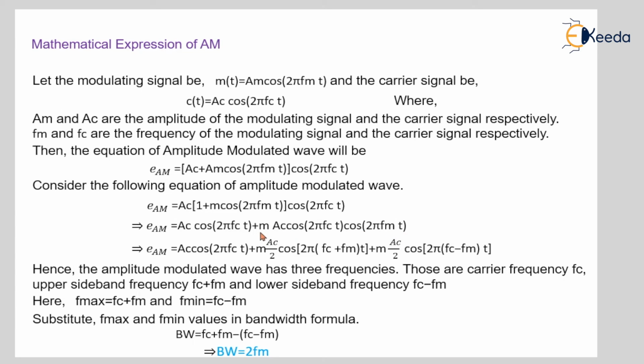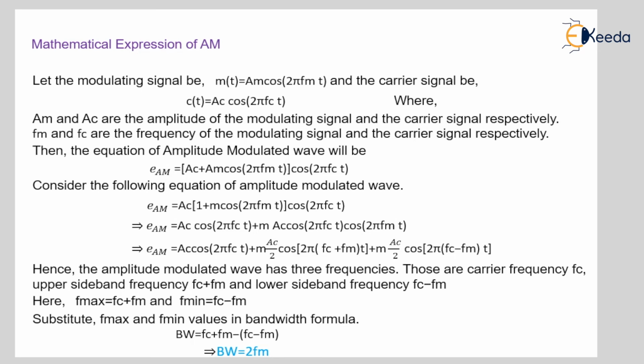What is the m here? M is nothing but the modulation index, that is the depth of modulation, meaning by how much amount the carrier wave is able to cover the modulating signal, indicated by small m, which is the modulation index.